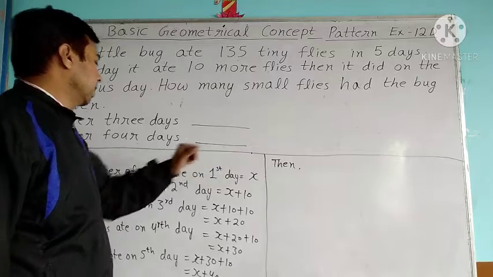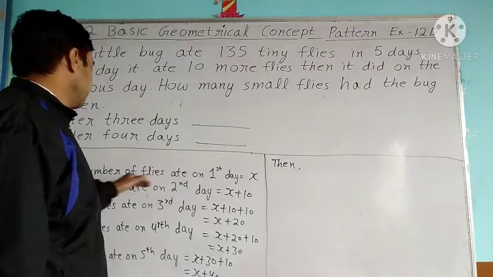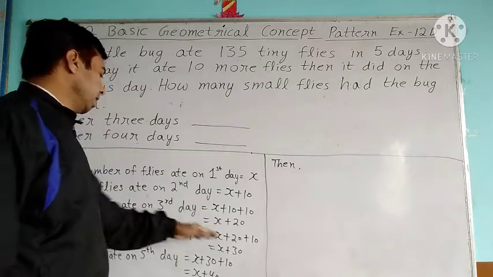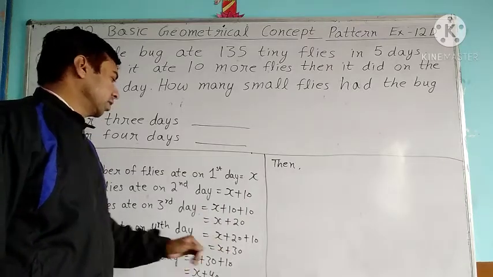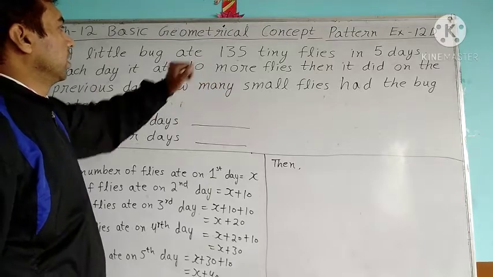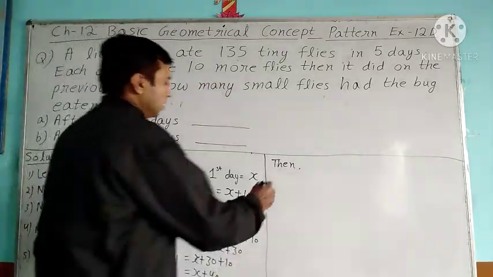So we have imagined that first day he ate x flies, second day x plus 10, third day x plus 20, fourth day x plus 30, fifth day x plus 40. And we know that in 5 days 135 flies.